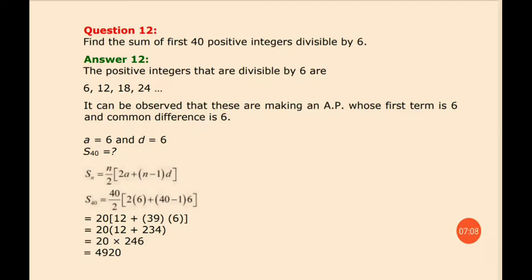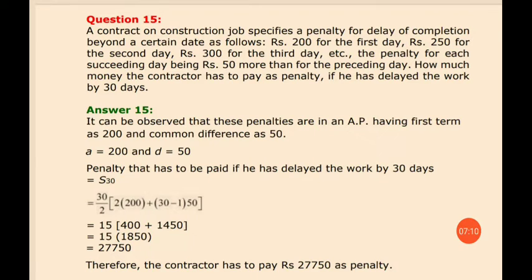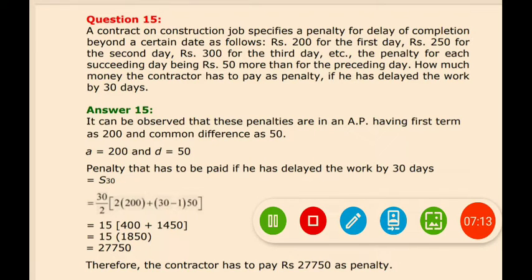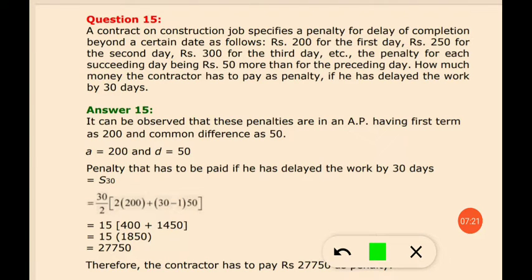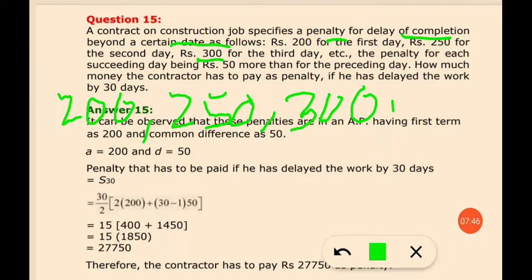Moving toward the next question, number 15. It is a word problem which says that a contract on a construction job specifies a penalty for delay of completion beyond a certain day as follows: 200 for the first day, then 250 for the second day, 300 for the third day, and so on.